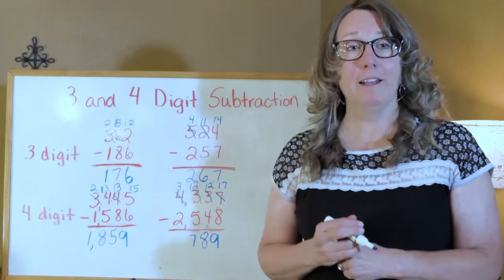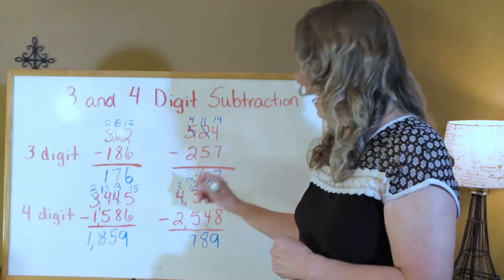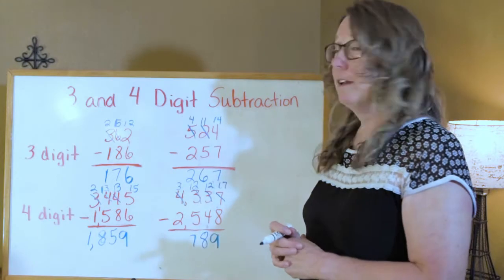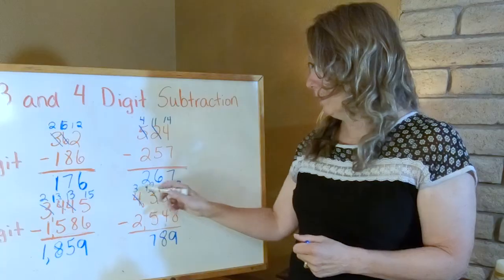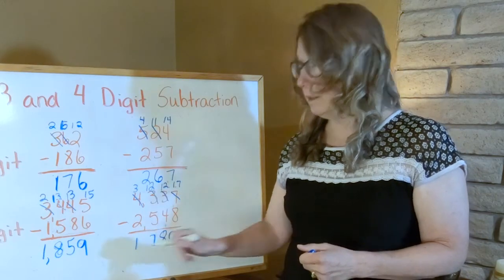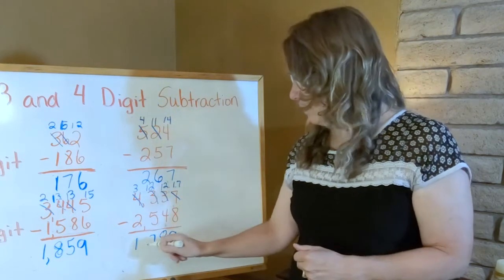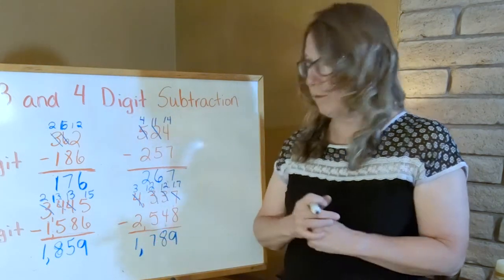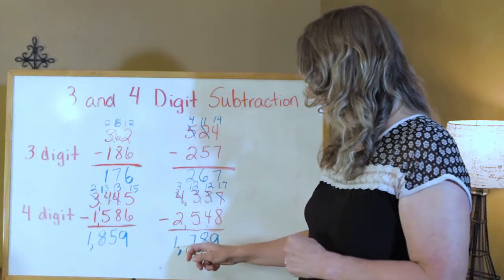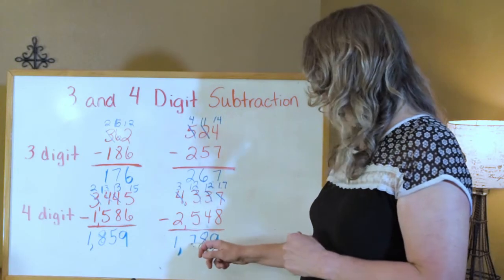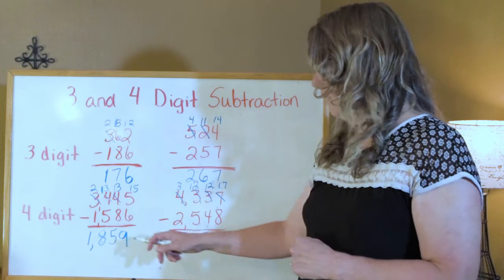And you guys know the very last step, super easy, right? Now we have a bigger number and we can really easily subtract. 3 take away 2 is 1. Don't forget to write your comma for your thousands place. So this answer is 1,789.